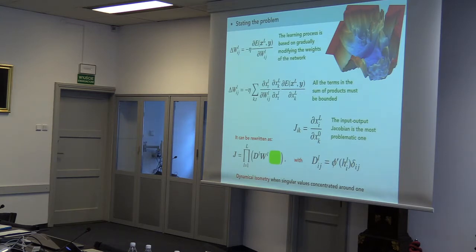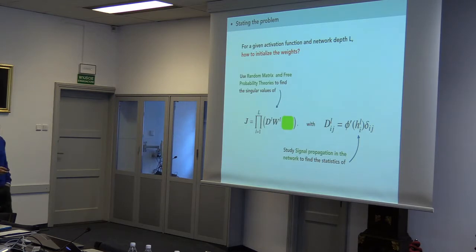Okay? So what you want is for the singular values to be concentrated around 1, right? Not close to 0 and not really large. And then you call this dynamical isometry.